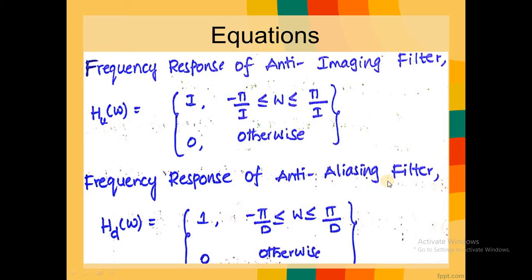The frequency response of the anti-aliasing filter H_D of omega is equal to 1, where omega ranges from minus pi by D to plus pi by D, and 0 otherwise. Okay, these two are the equations. This is the anti-imaging filter. This is the anti-aliasing filter.